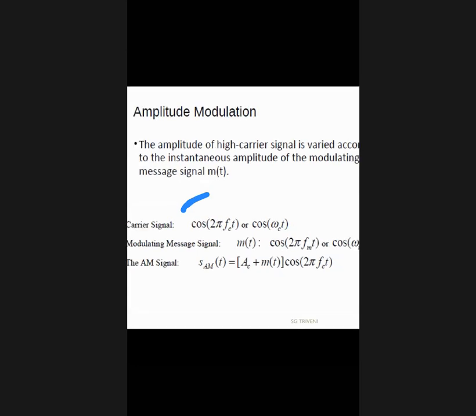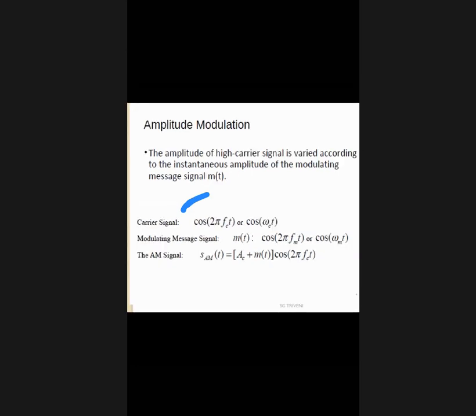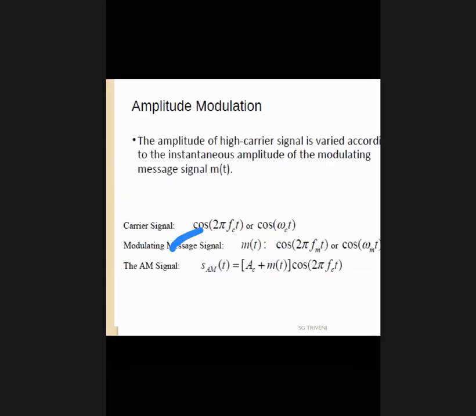As the amplitude of the message signal increases, the modulated signal amplitude also increases and vice versa. So now we have to derive the time domain equation for the amplitude modulation.